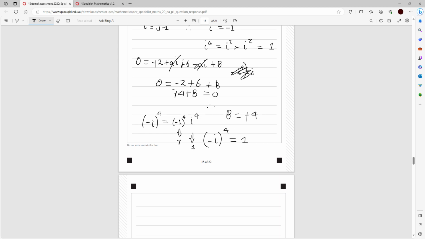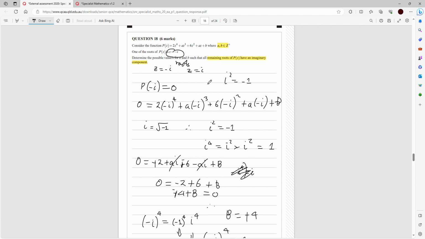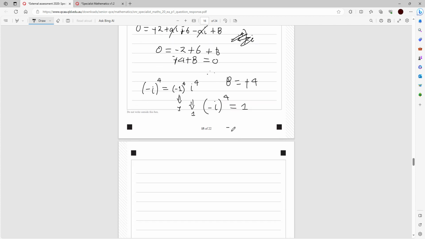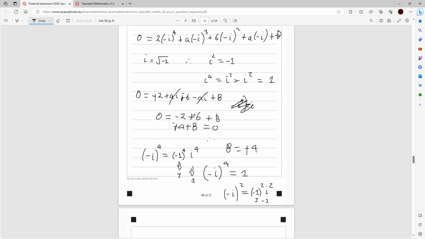So that's positive, and that turns into a negative as well, because what we have here is negative i all squared is equal to negative 1 squared, i squared. We know that's 1 and that's negative 1, so we have a minus 6 here instead, and that's a plus. So the answer b is plus 4.